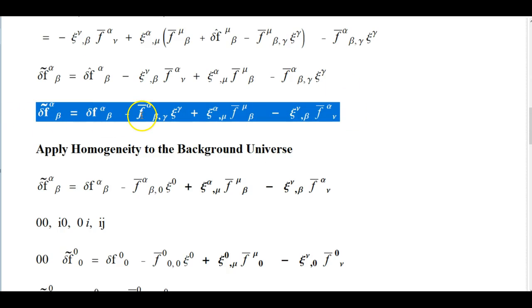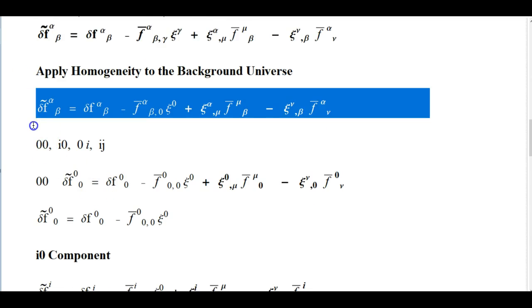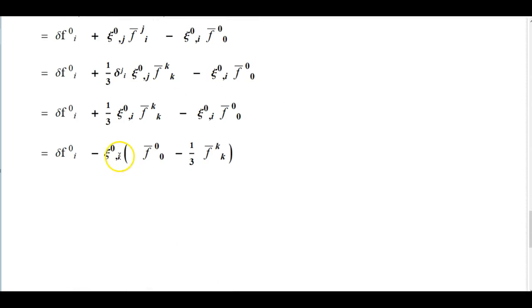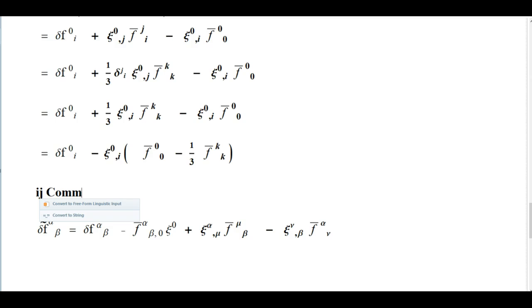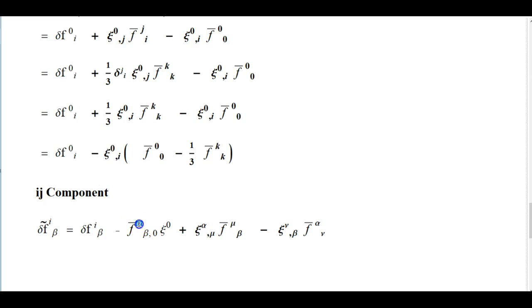Let's write the ij component, starting from here. Alpha is I and beta is j.